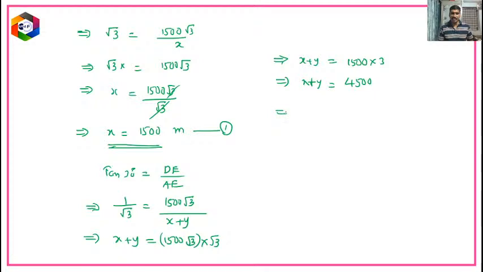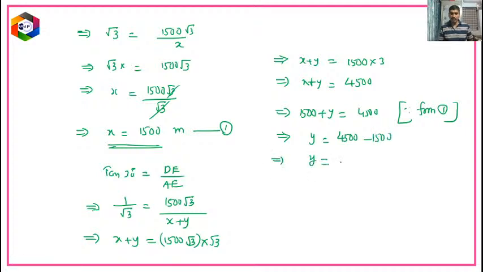So replace x with 1500, so 1500 plus y is equal to 4500, from equation 1. Now let us transpose the value. So y is equal to 4500 minus 1500, which is y equal to 3000 meters.